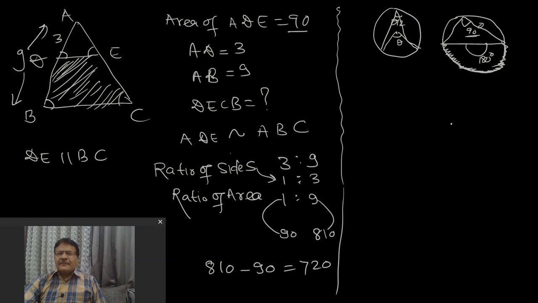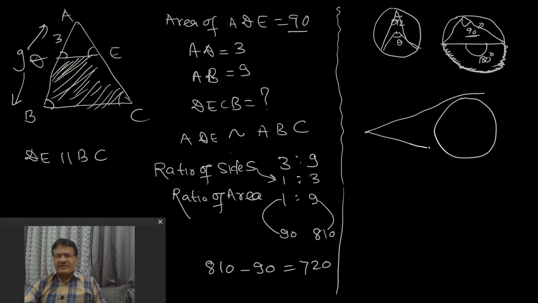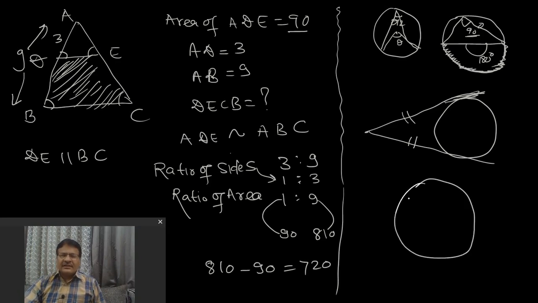Now the next thing: suppose this is a circle and there is a point outside the circle. Is that clear? Now if two tangents are drawn from this external point, please remember that the lengths of these two tangents are equal. Next property: suppose there is a circle and there is a quadrilateral inside the circle.